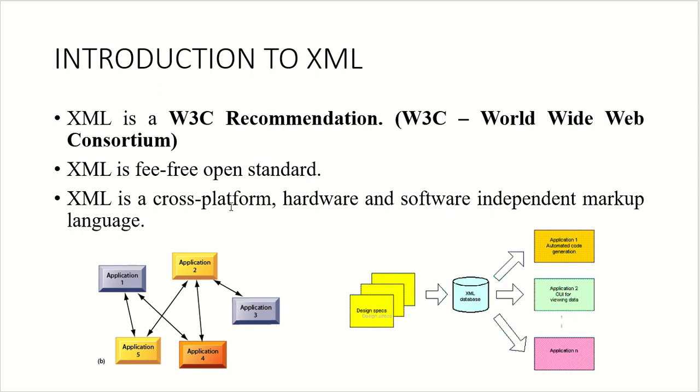Any hardware means it can be Dell hardware, it can be Acer hardware, it can be an Intel processor with a Dell laptop or an Acer laptop, any hardware can be there. And software means any application. So I have given the example of two here.